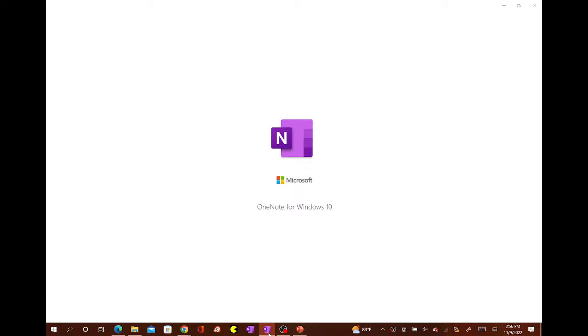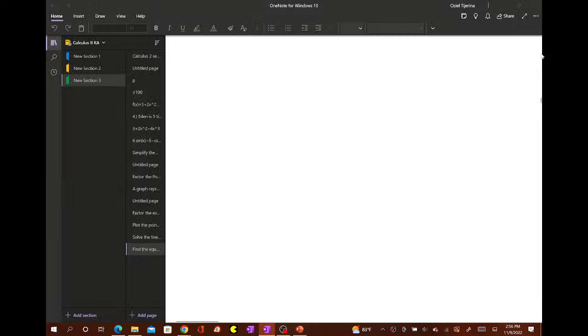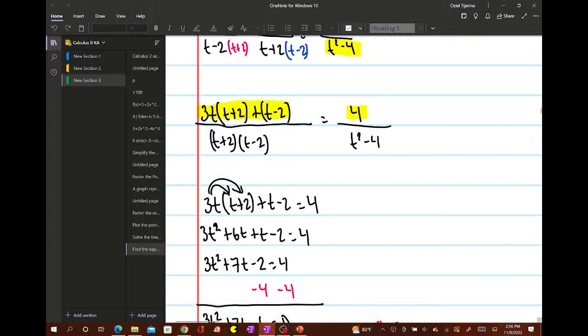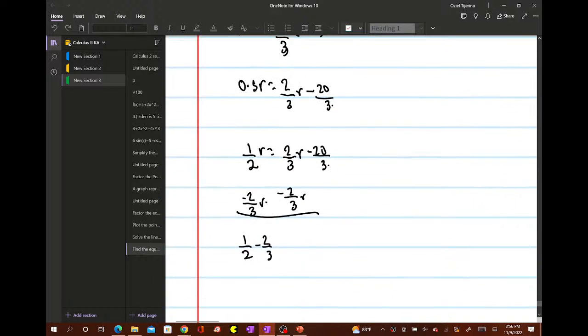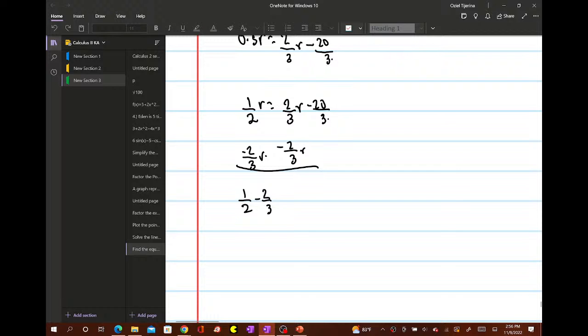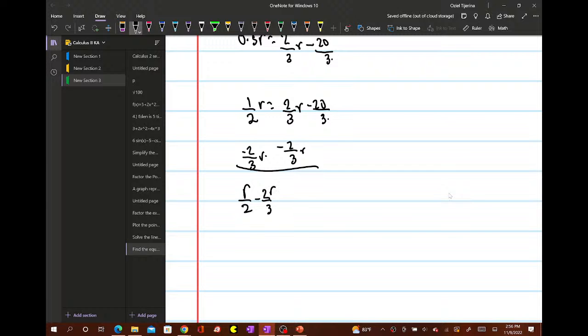So let's see here. 1/2 minus 2/3, so it's r over 2 minus 2r over 3. So it'd be 3r minus 4r over 6 equals negative 20 over 3.